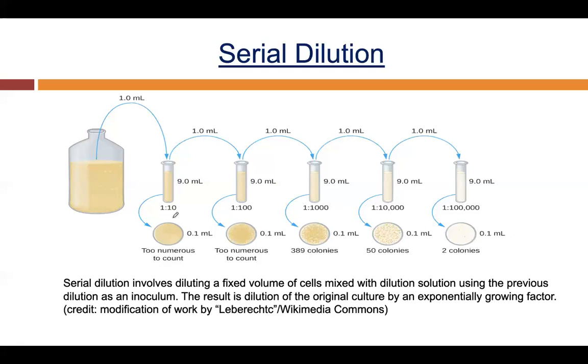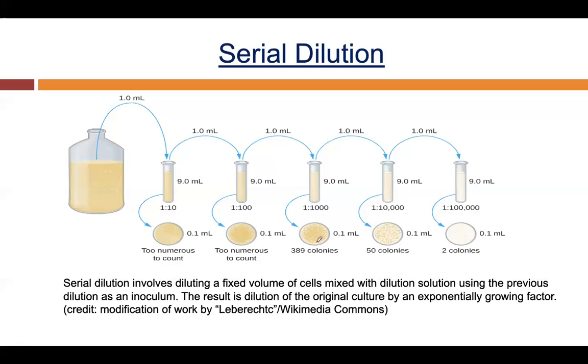So over here, the sample concentration was only 1:10, 1 out of 10, right? So too many bacteria will go over here. The next one, yes, over here also it will be too many, because the concentration is only 1 out of 100.